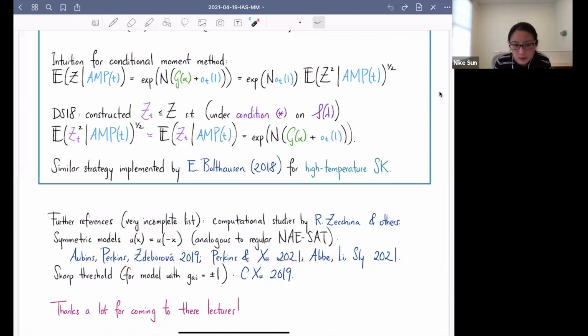And finally, there is a question I didn't address at all, which is whether the model has a sharp threshold. This is a Boolean analysis type of question, and it was proved for the model where the G matrix has ±1 randomness by Changji Xu. So I think I will stop here.